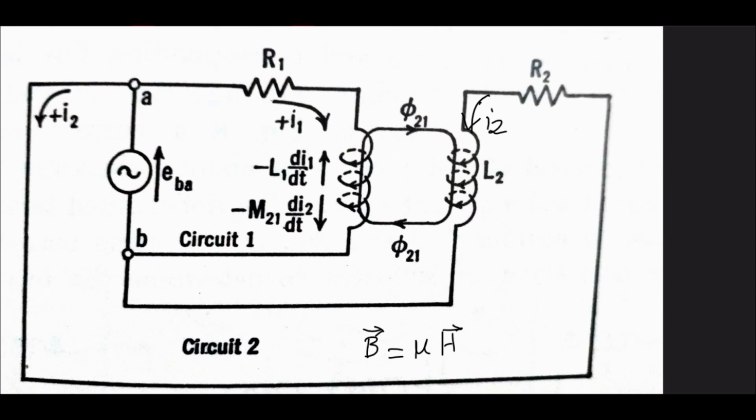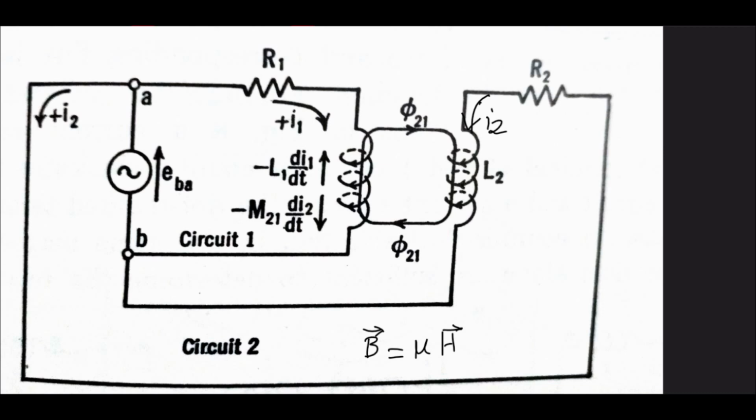If you somehow arrange a mechanism in this circuit that would break the coupling between circuit 1 and circuit 2, you will be able to reduce the amount of I1 actually. Why will the amount of I1 be reduced?